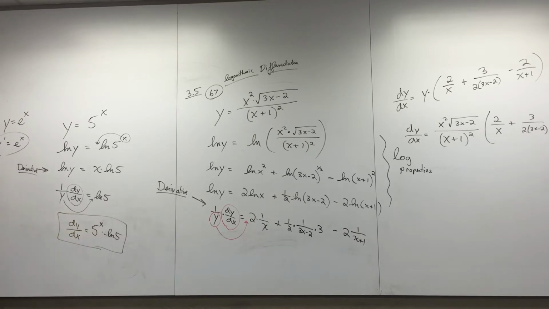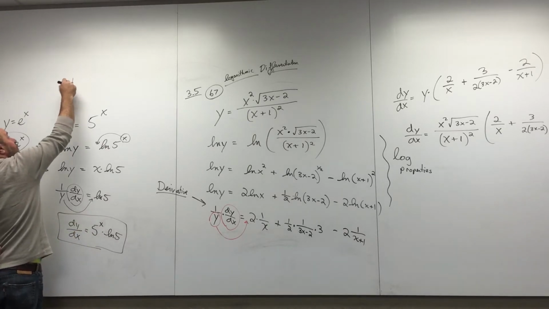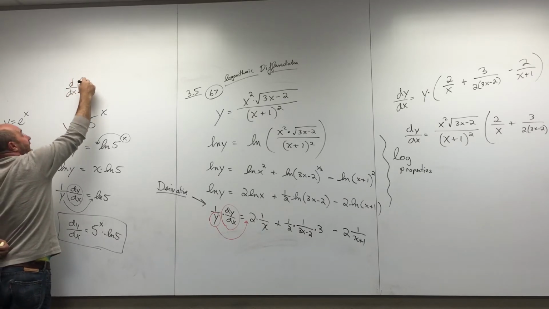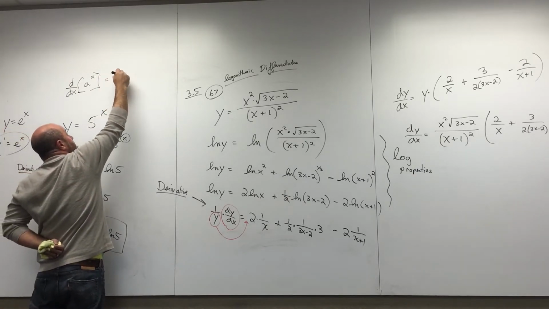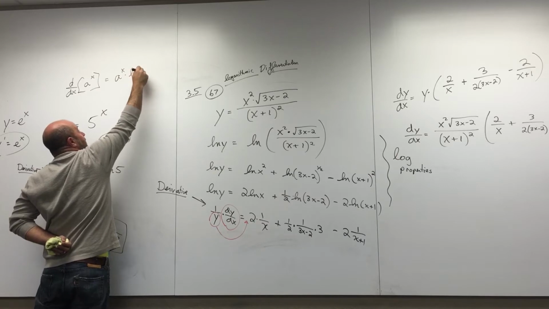That's actually the rule. I don't think I ever taught you that rule. How do you take the derivative of a to the x when your base is a and not e? The rule is, it's just himself times the natural log of a.